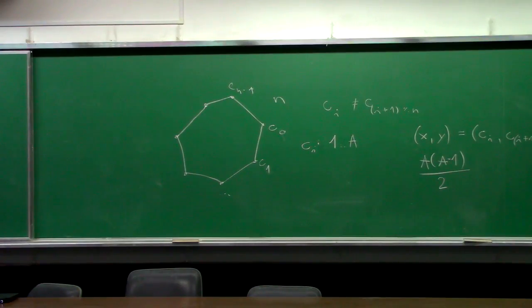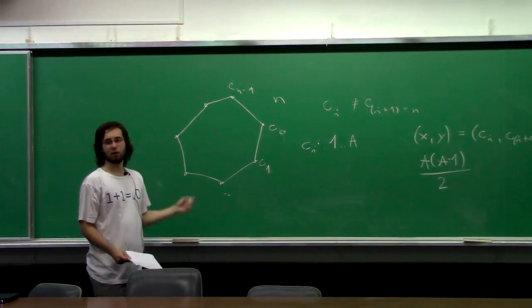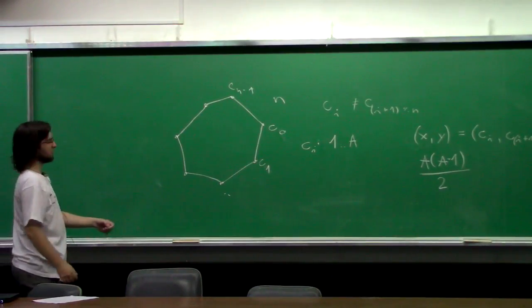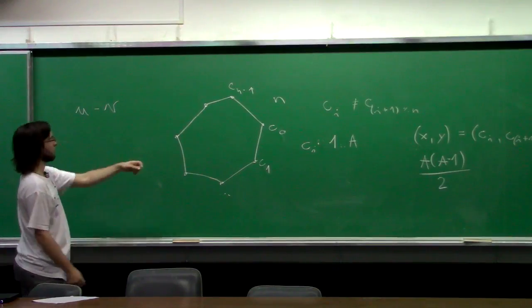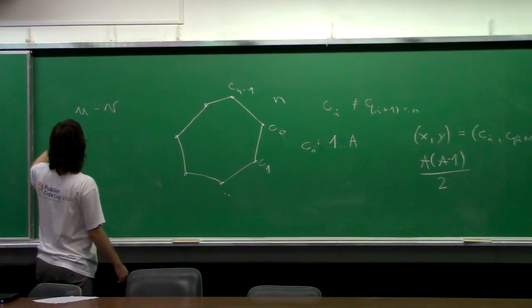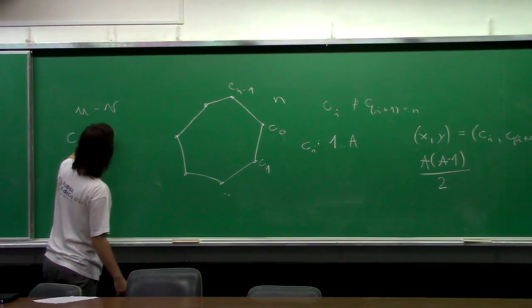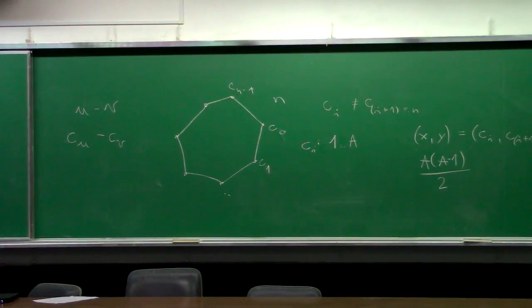And we can translate the edges from this cycle to edges in this graph. So if there is an edge between vertices u and v in this cycle, then we can make an edge between vertices cu and cv in this graph.